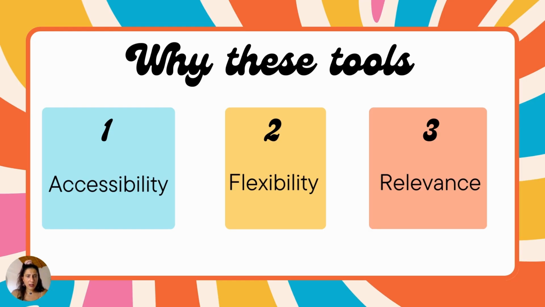The second reason is flexibility. Both tools let you combine ready made 3D models with real world data, such as temperature or humidity measurements. This allows the creation of activities that mix virtual objects with information from the student's actual environment.